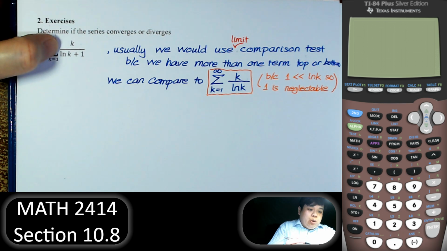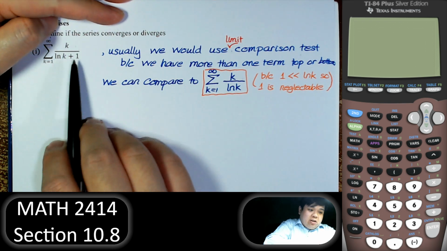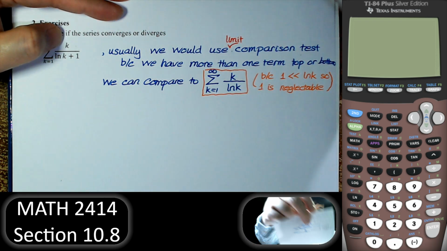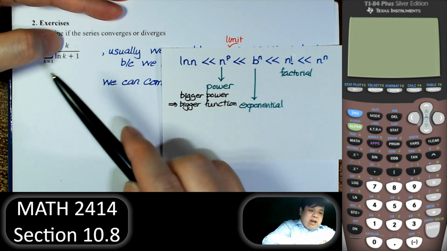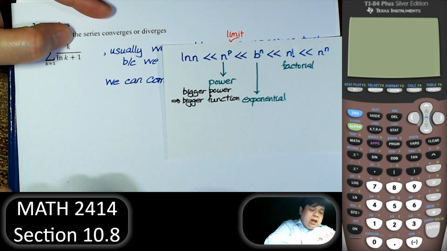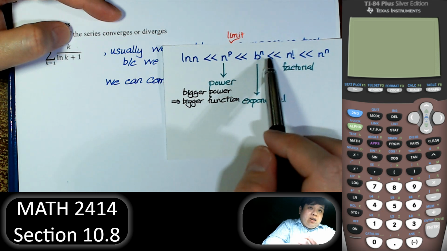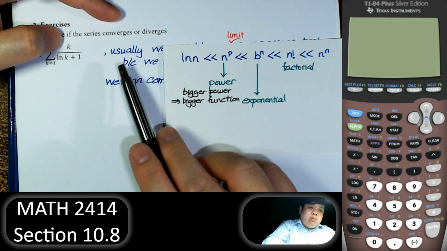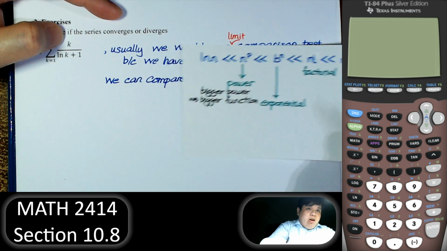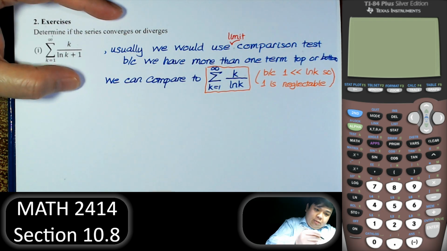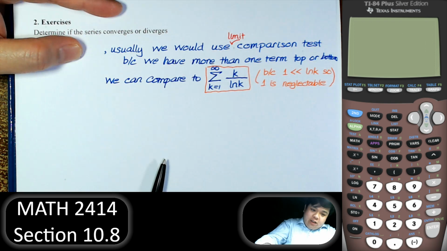We can also use the divergent test, because when we see something like this and ignore the terms, if we have the faster term to infinity on the top, then we use the divergent test because the limit goes to infinity. Right. So this is one way to do it.